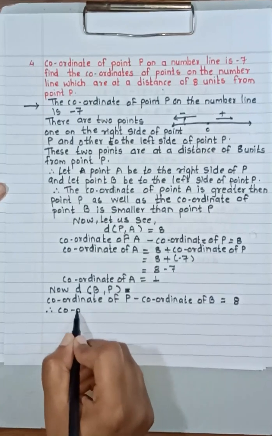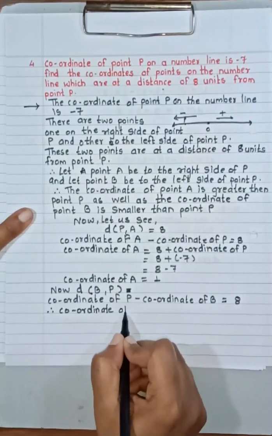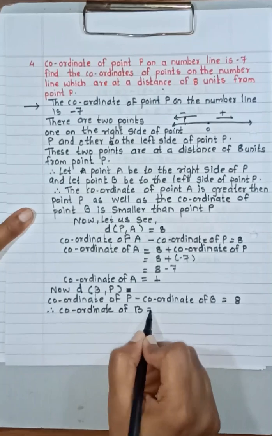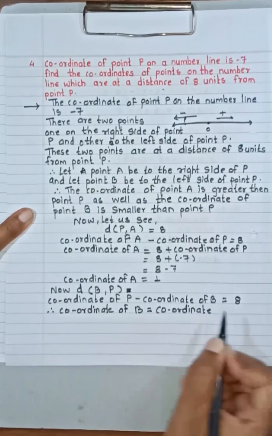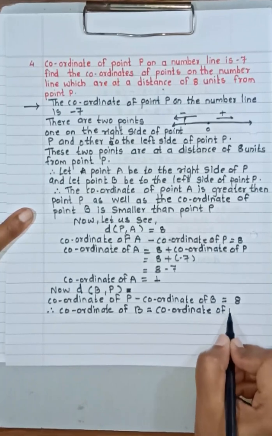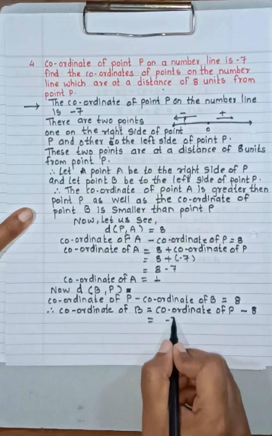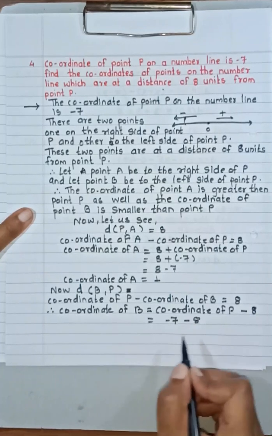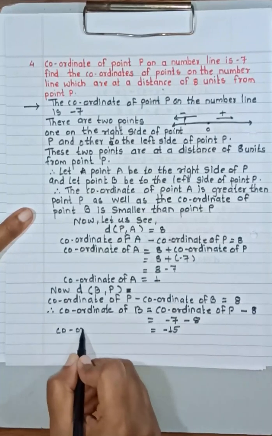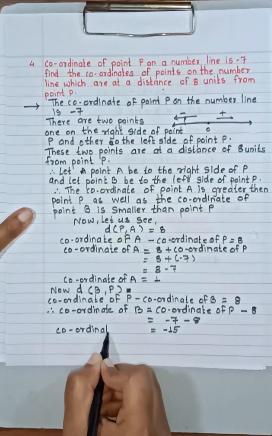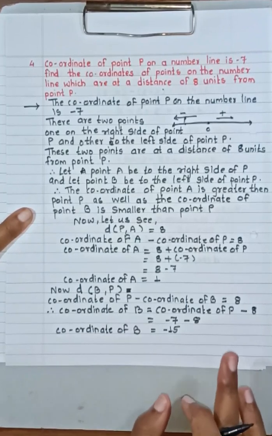Therefore coordinate of B is equal to coordinate of P minus 8. Now what is the coordinate of P? That is minus 7. Minus 7 minus 8 will be minus 15. Therefore the coordinate of B is equal to minus 15.